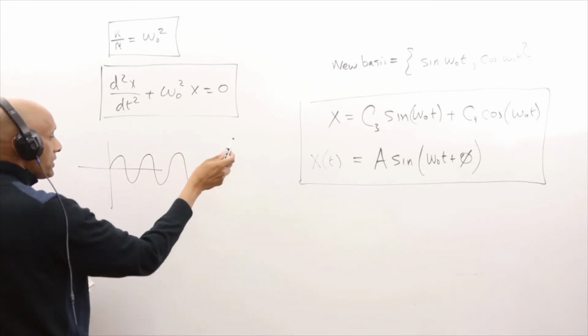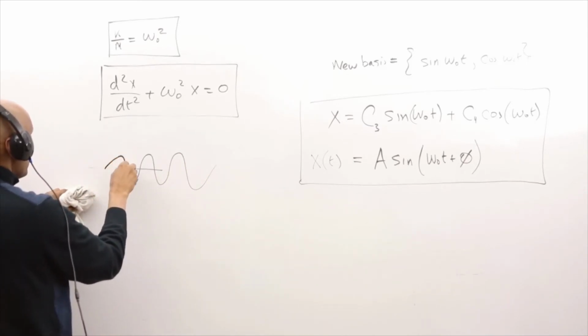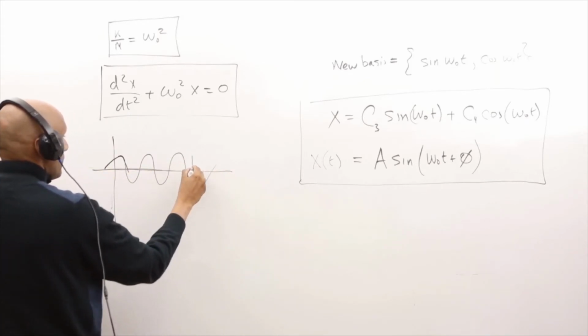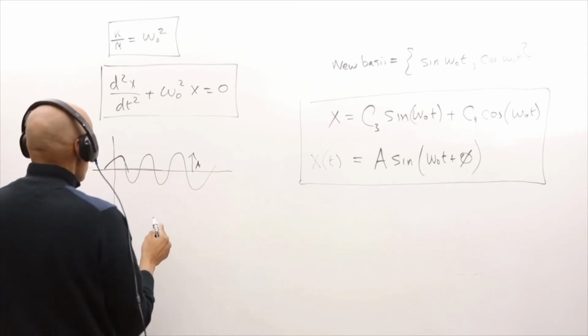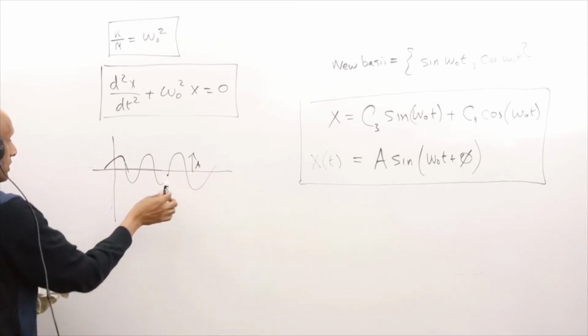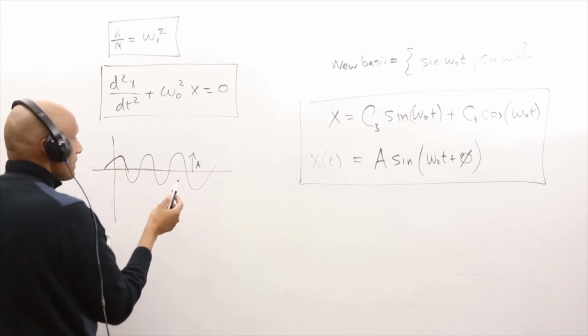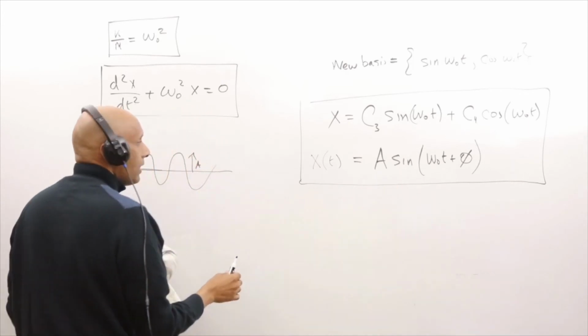So it's got a sine and a phase angle, so it shouldn't be at the origin, it might be slightly off, so it might be something like this. The amplitude is given by A, and there's a phase shift in this sine function, which I'm not going to bother explaining. The main thing I want to get across is that we have a function that has an amplitude and is periodic. And what period?